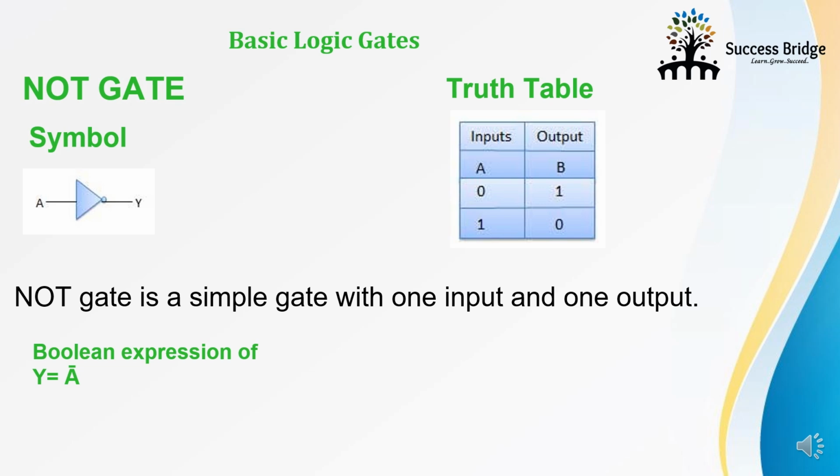From the truth table, we see the functionality of the NOT gate. A is the input, Y is the output. If A is 0, the output is 1. If the input is 1, we get the output 0.